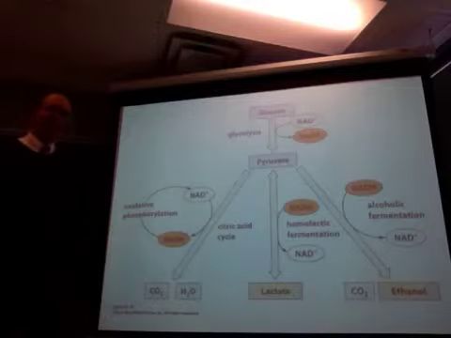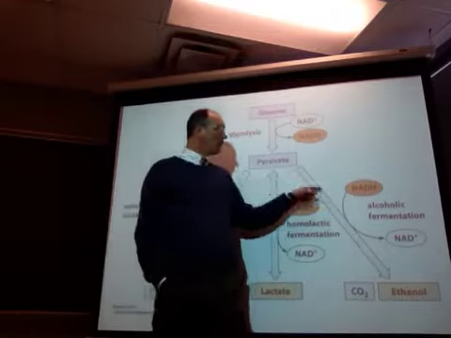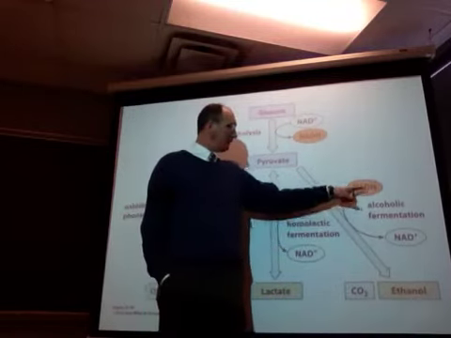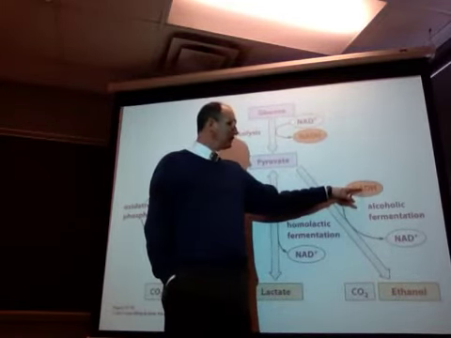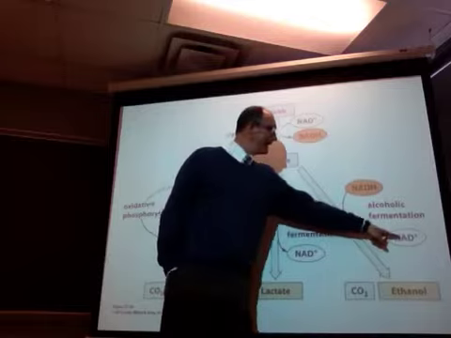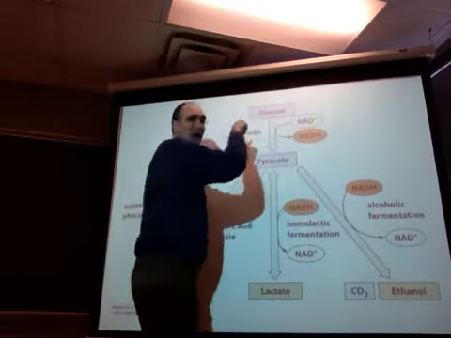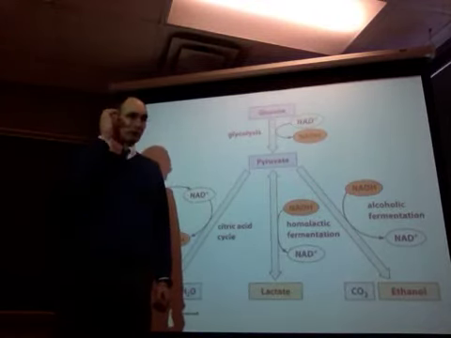So little yeasty beasties do alcoholic fermentation, right? And the whole point of alcoholic fermentation is, in the absence of oxygen, taking that NADH and reoxidizing it to NAD so that that NAD can go back up here and keep glycolysis running. Right? That's what the yeast are trying to accomplish.